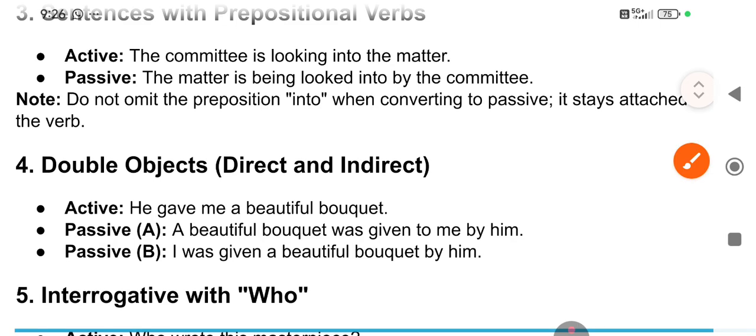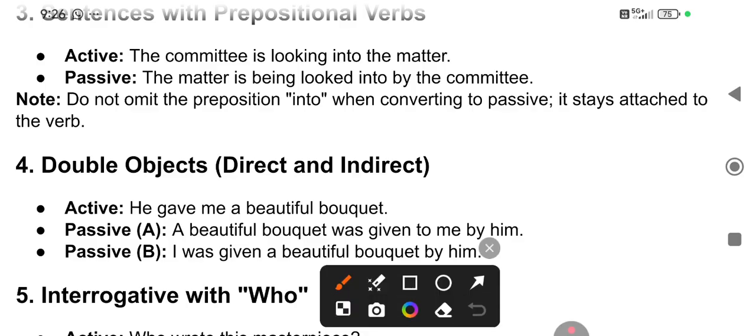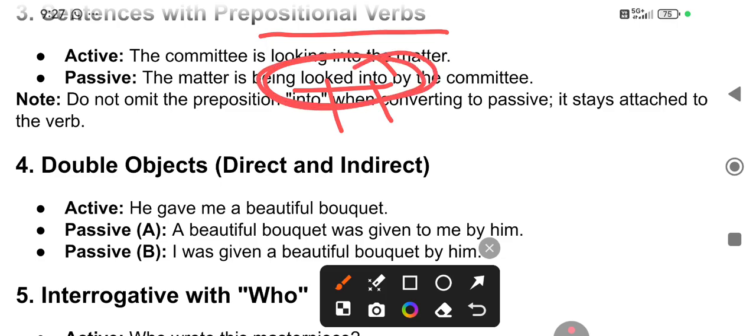The matter is being looked into by the committee. Do not omit the preposition into when converting to passive. It stays attached to the verb, because this is a prepositional verb. That is why it is called a prepositional verb: there is a verb and a preposition, and collectively it is called a prepositional verb.